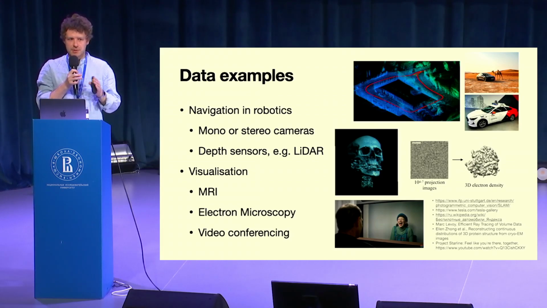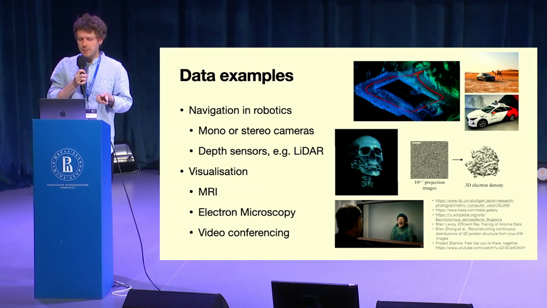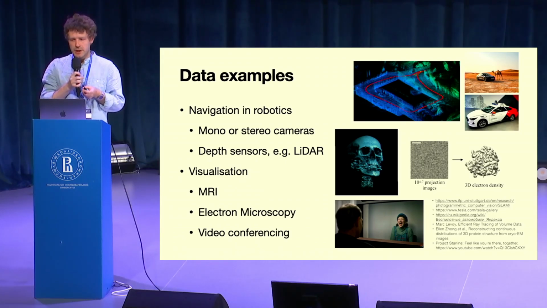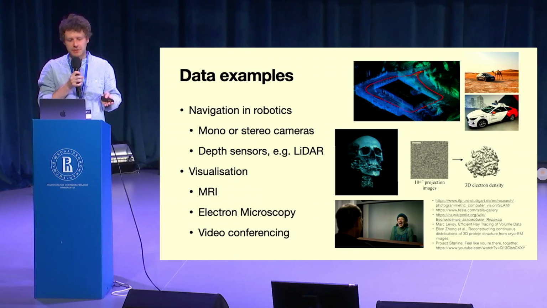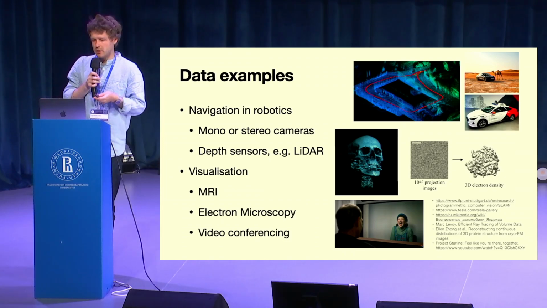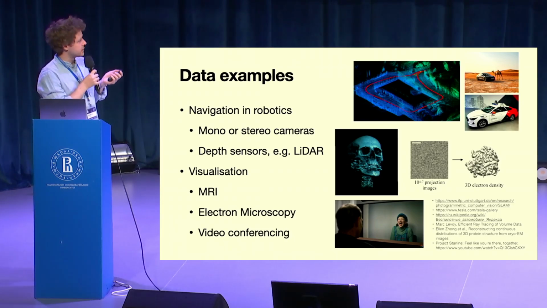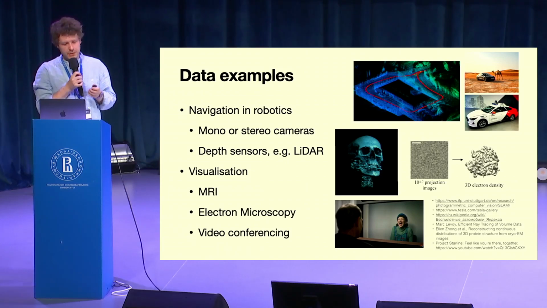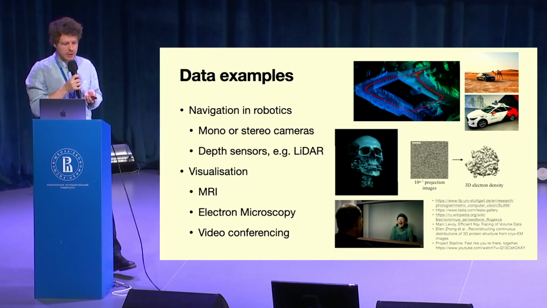For example, Tesla uses several cameras, and with several cameras you get richer data. And if you have more money to spend on sensors, you can get a LiDAR, which returns a point cloud that represents a 3D scene. So in these examples, data comes in forms of pictures or point clouds.